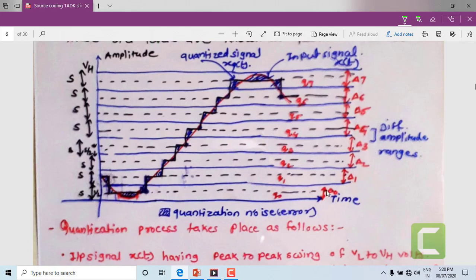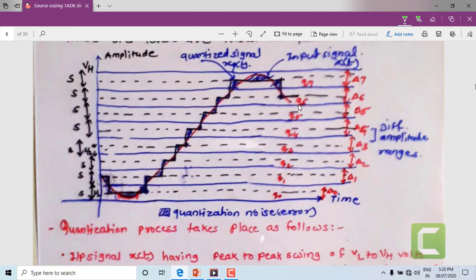In short, if the signal changes in the range of delta 0, that is from the reference line up to the first blue line, it will be rounded off to the nearest quantized level Q0. Similarly, if the signal is in the range of delta 1, it will be rounded off to the Q1 value, and so on for the next original signal levels.